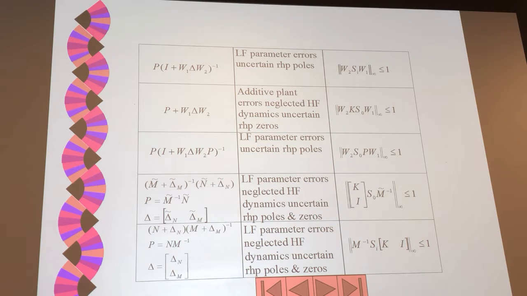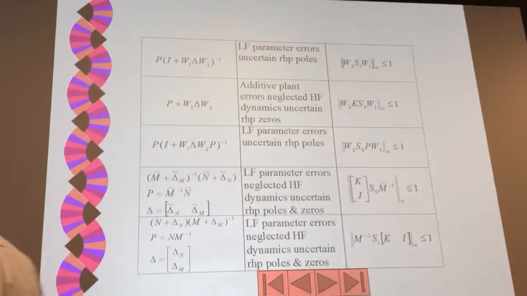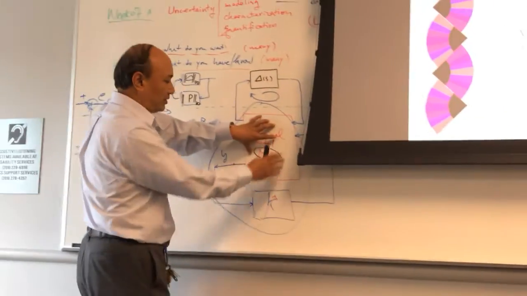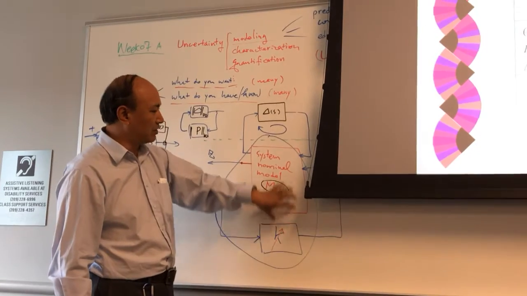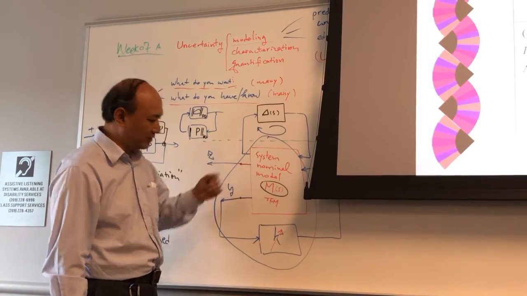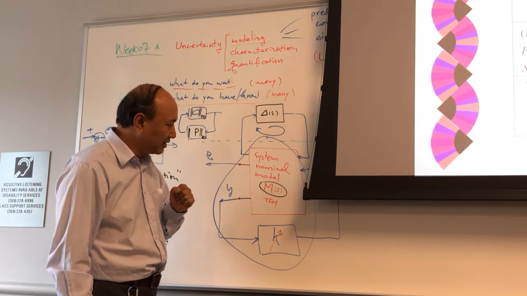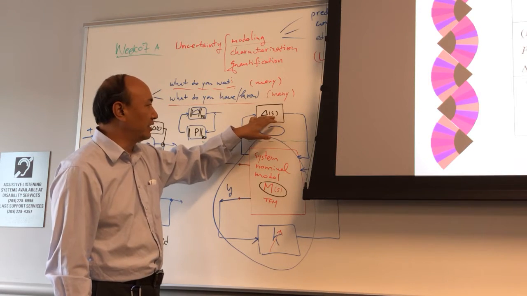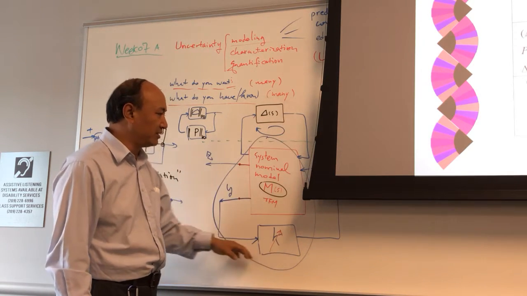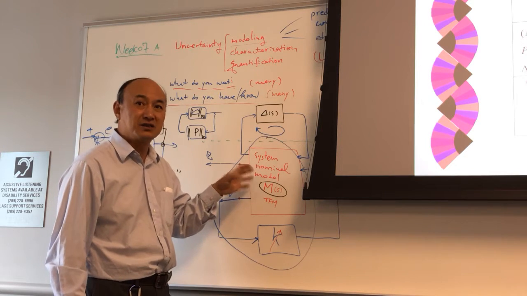So that is for stability checking. So this is something like this. I have a nominal system. You design a controller, make it stable. Then I want to see, when I have additional uncertainties, whether it will still be stable.